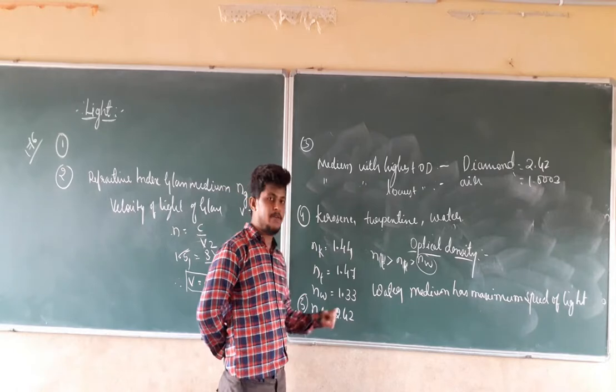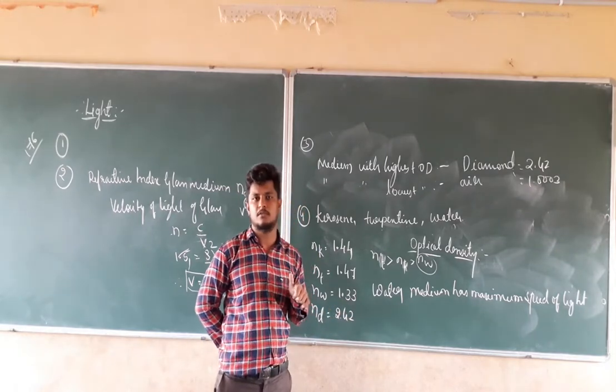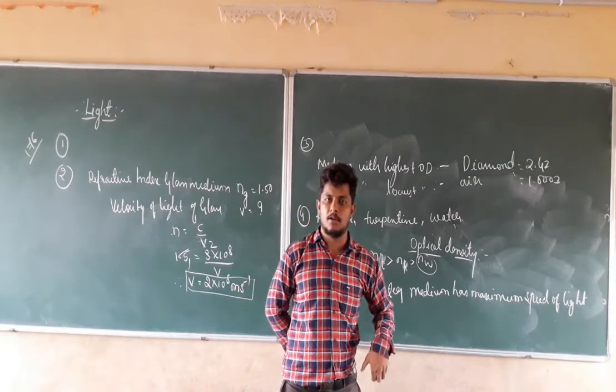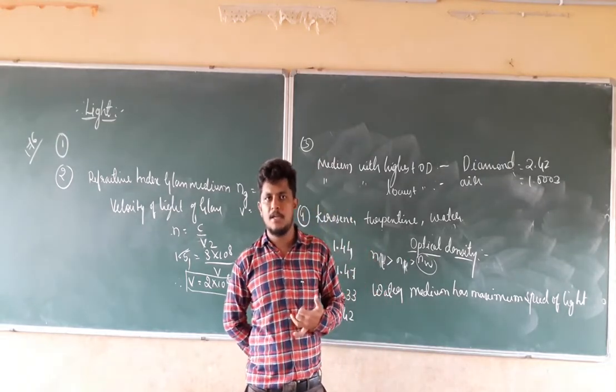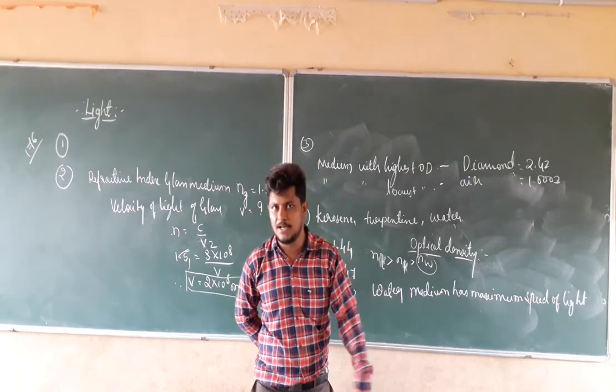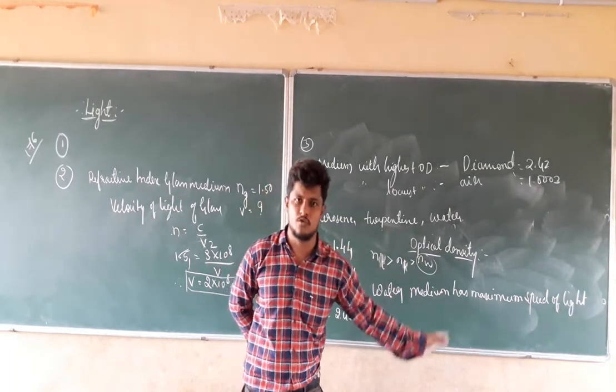What do you mean by a refractive index of 2.42 for diamond? It is the ratio of the speed of light in vacuum to the speed of light in the diamond medium, which is equal to 2.42.